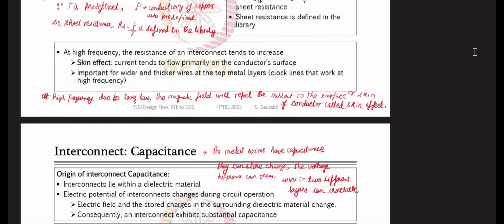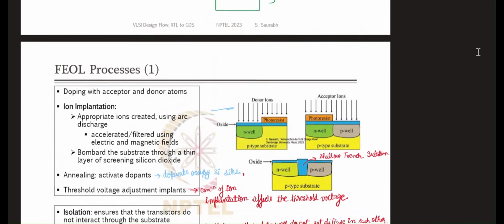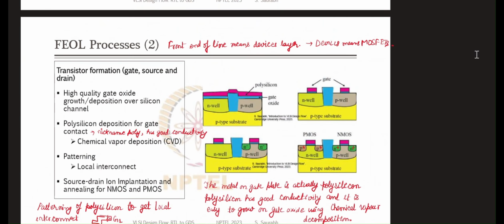This was discussed, I think, in the starting of the week itself, the first lecture of this week. This is the one we are talking about here. Suppose this is the P-type substrate. This is the N-well and P-well. So this is the trench I'm talking about, shallow trench isolation. And what material is this itself? This is SiO2, silicon dioxide.